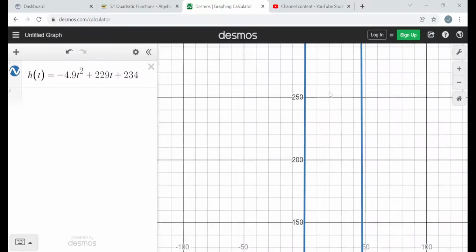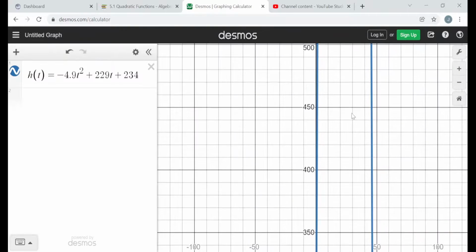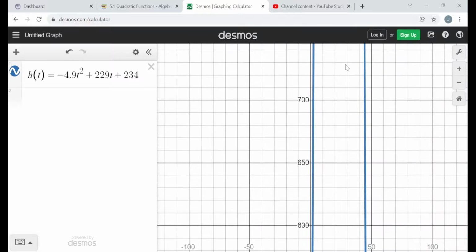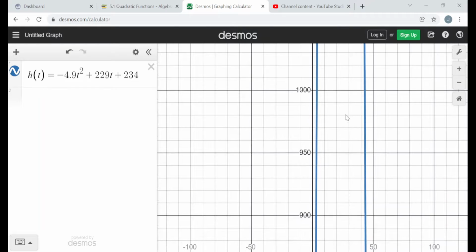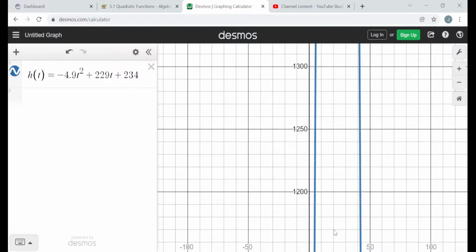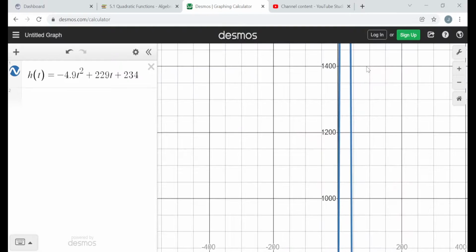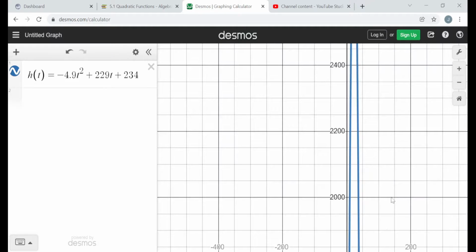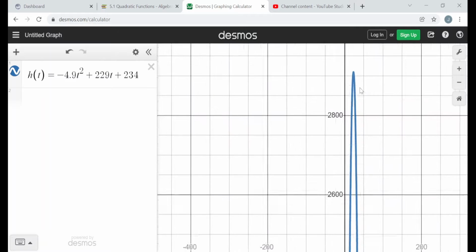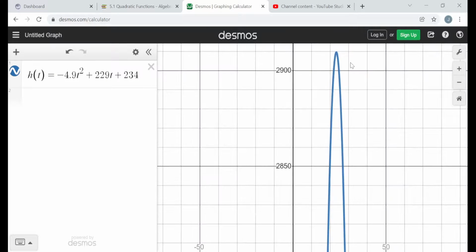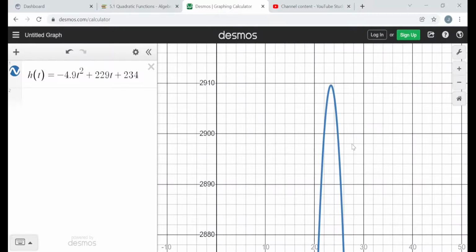The rocket shot up, and it eventually reaches some highest point. Zoom out until I see something good. All right, eventually, there we go. Eventually reaches some highest point and then comes down. There's the path of it.